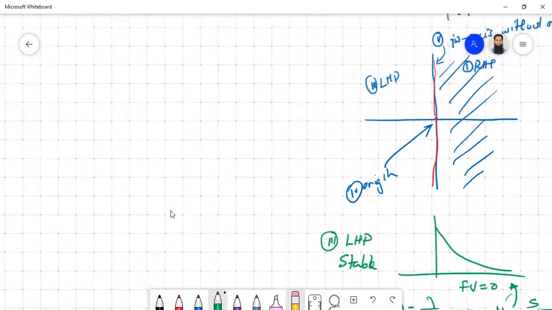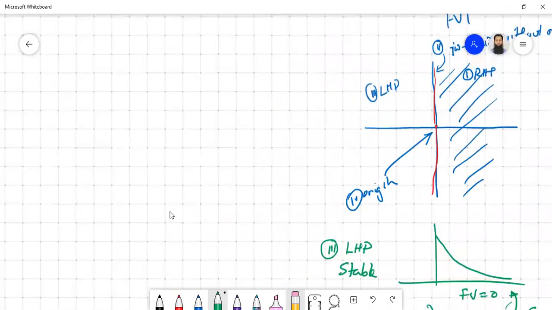Now the last case, that is at the origin. A pole at the origin means actually an integrator, 1 by s. If you apply an impulse to the integrator, the response will always be the integration of the input. Say your E(s) is 1 by s.